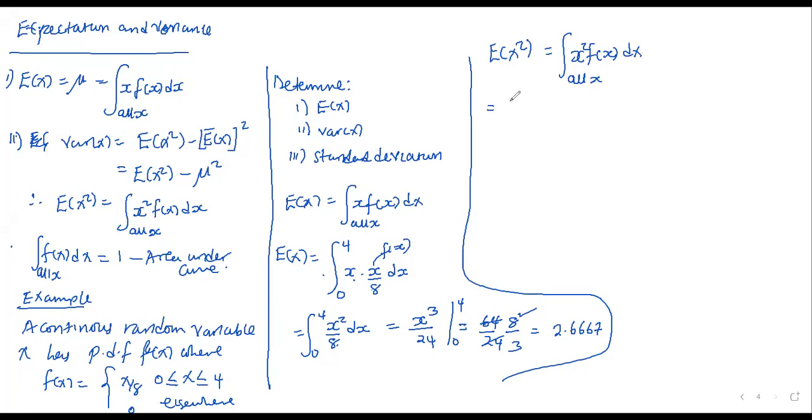So it gives the integral from 0 to 4 of x squared times x over 8 dx. You're going to see how cheap this is as long as you understood the earlier ones. Integral from 0 to 4 of x cubed over 8 dx, and this gives x to the power 4 over 32 from 0 up to 4.